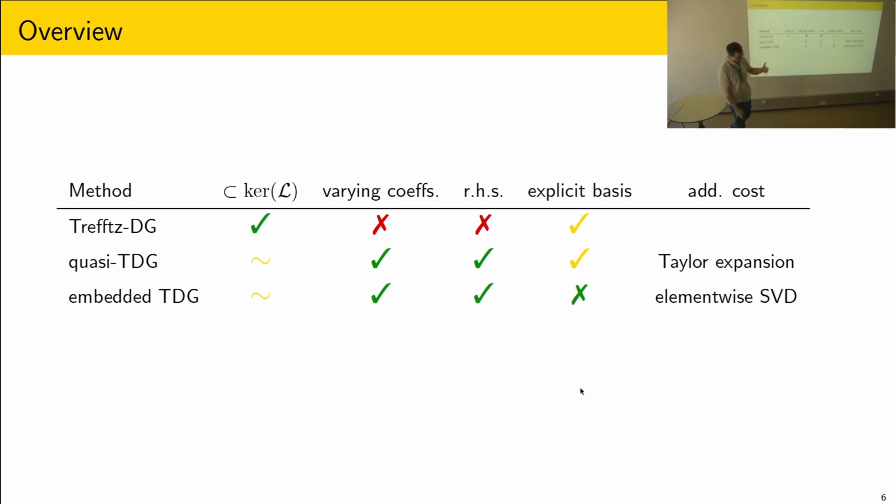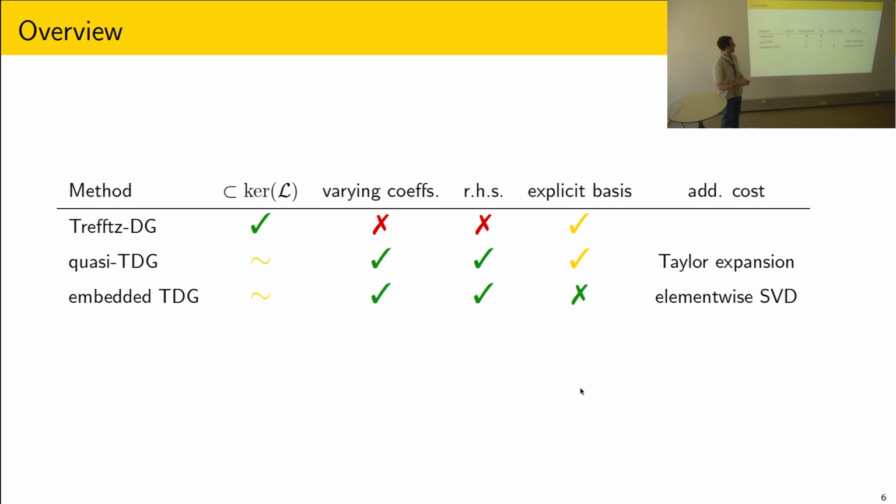So what are these other Trefftz methods I've already been mentioning at the beginning of my talk? The Trefftz methods, as I was saying, lie in the kernel of the operator, but they have some glaring weaknesses that we are trying to overcome with these other methods. First of all, if you have varying coefficients in your PDE, you will run into trouble when you try to find suitable discrete basis functions, as they will not be polynomial anymore.